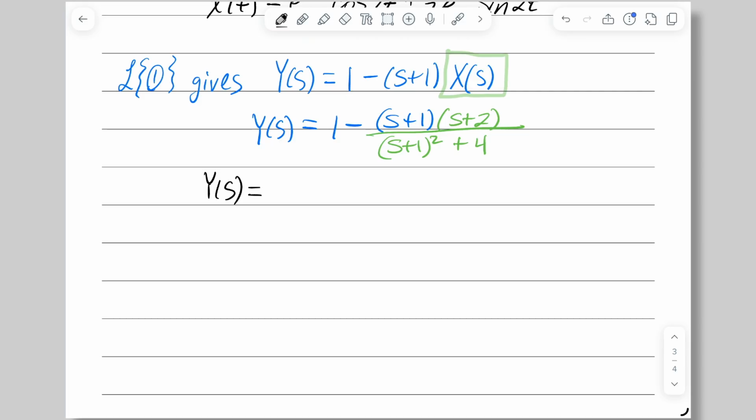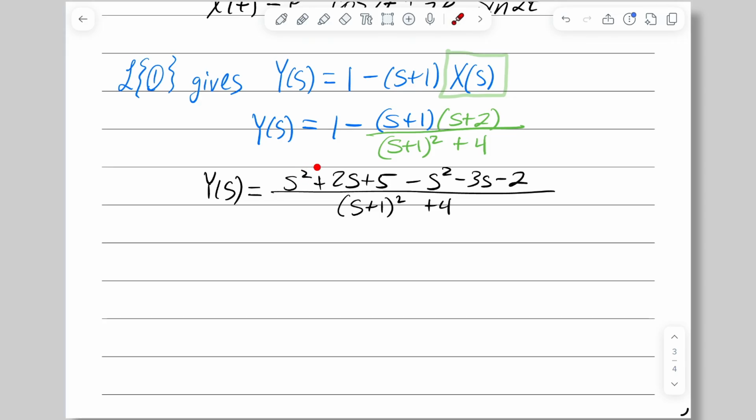We need common denominators. The way that's going to look is y of s is equal to s squared plus 2s plus 5 minus s squared minus 3s minus 2, all divided by that denominator of s plus 1, the quantity squared, plus 4. This would be problematic because we have not a proper fraction, it's an improper fraction.